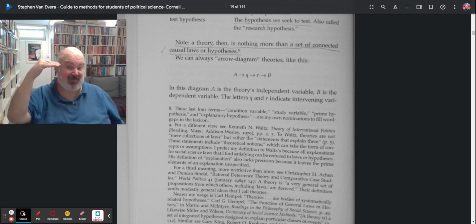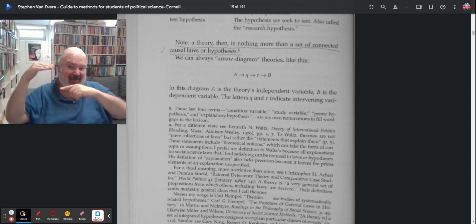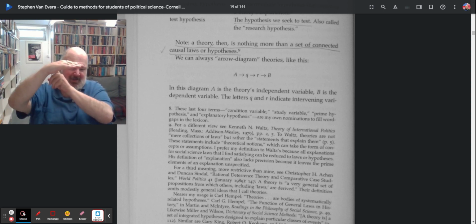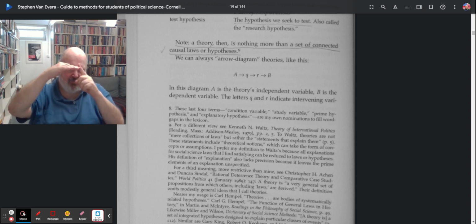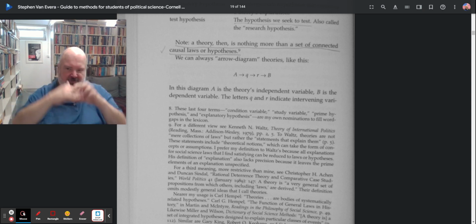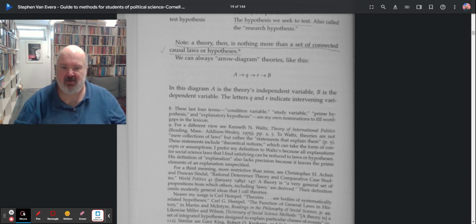An arrow signifies the direction of causality, right? The tail of the arrow is the agent causing, and the arrow points to the direction of causality, right? So A causes Q, which causes R, causes B.